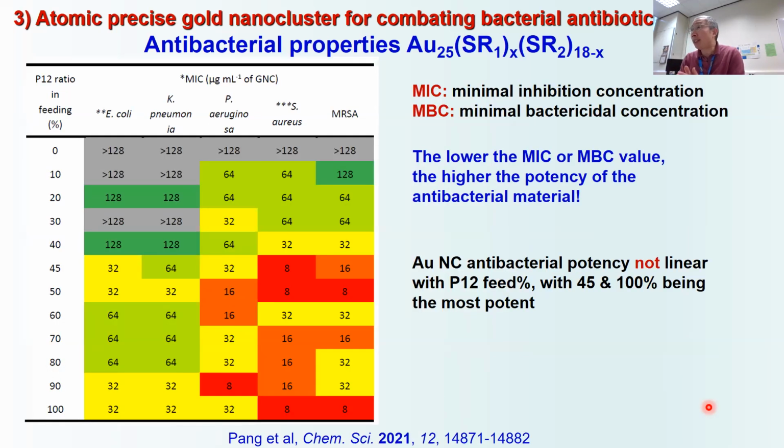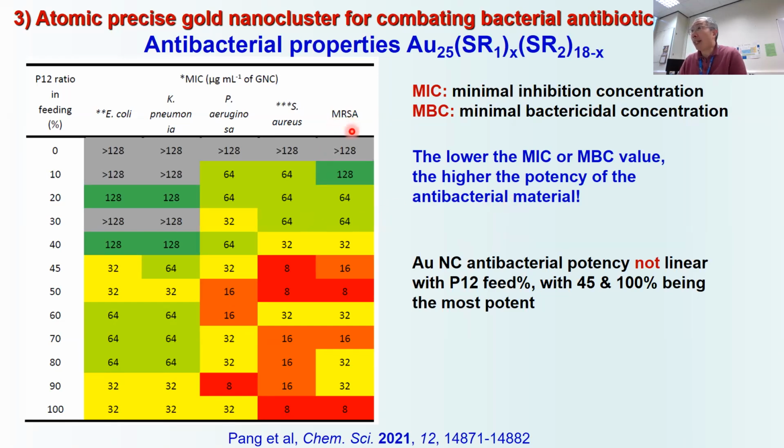First, we screen to see how the feeding ratio of the pyridinium ligand affects their antibiotic properties. In this case, we are comparing their MIC, that is the minimum inhibitory concentration. The lower the MIC, the better the antibiotic.